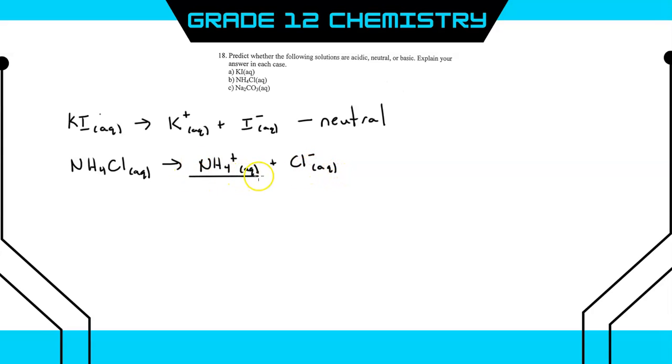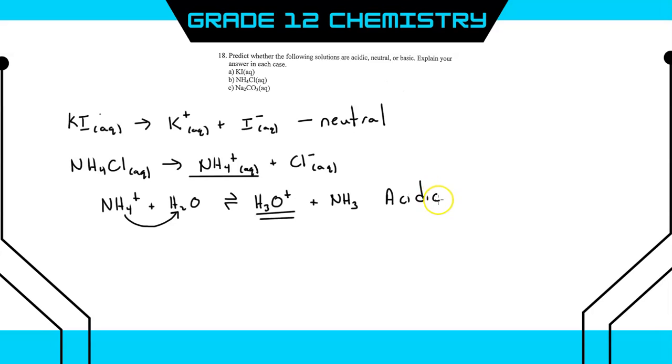However, ammonium ions will collide with the water molecules, and when that happens, one of the hydrogens is going to be donated to the water molecule. Now this is going to be in equilibrium, and we're going to get hydronium plus ammonia. So this is acidic. So this is slightly acidic.